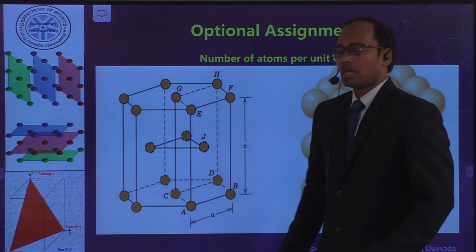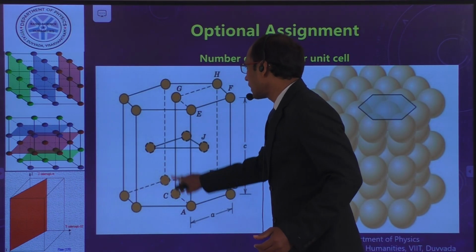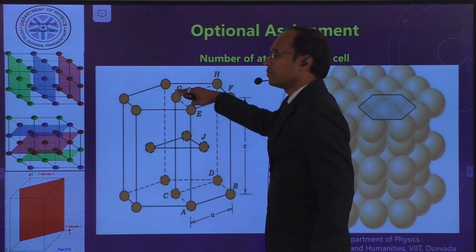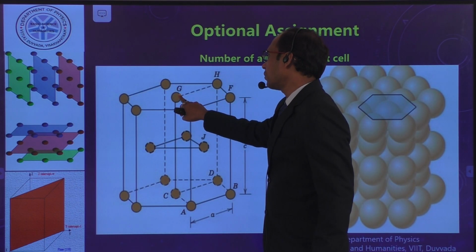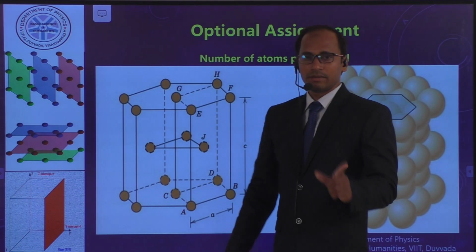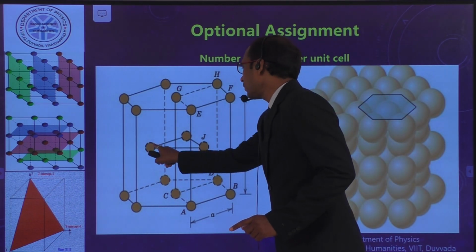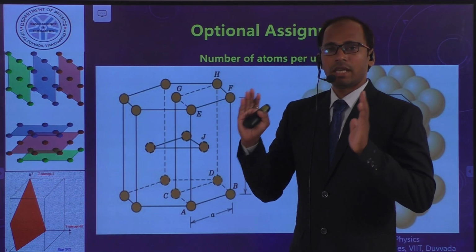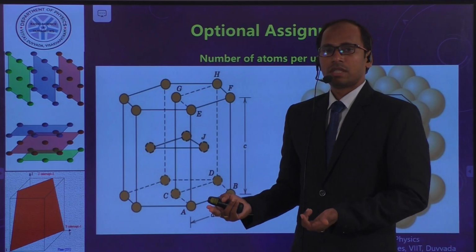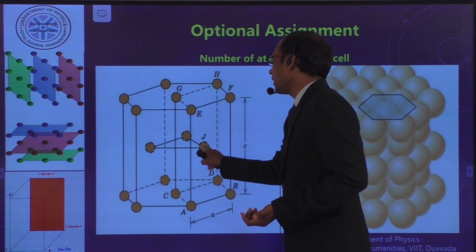How many face centered atoms are there? Two face centered atoms. One face centered atom is shared by two unit cells, so 1 by 2 atom is present in this unit cell. 1 by 2 plus 1 by 2 is 1. So from the face centers it is 1 atom, and inside there are 3 atoms. 3 plus 1 means totally 4 inside the hexagonal unit cell.